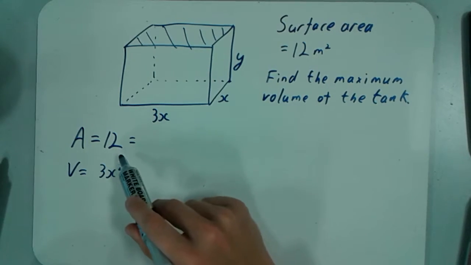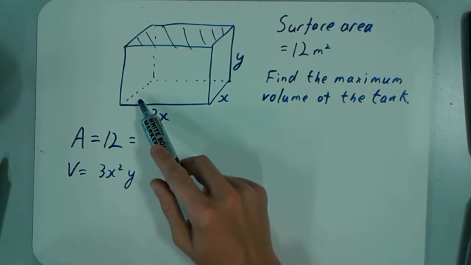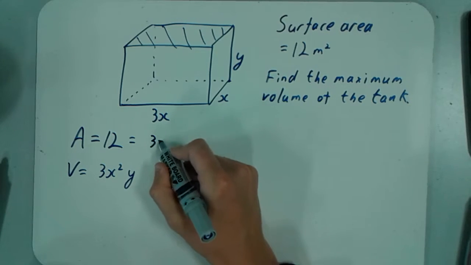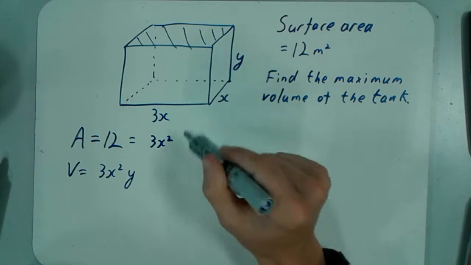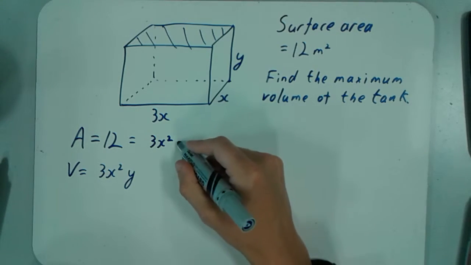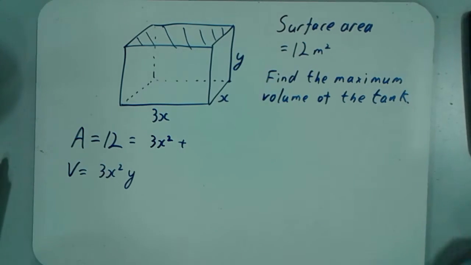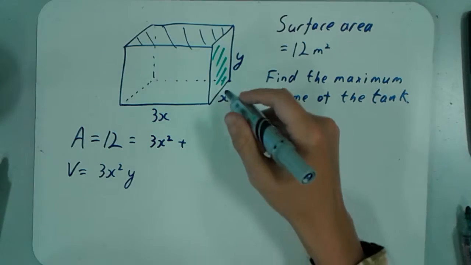Can we write down the surface area in terms of x and y? Well, let's see. We've got this bottom surface. That's going to be 3x squared, the base. There is no lid, so we'll only have one of those surfaces. Then there's also going to be this face here. That's going to be xy.